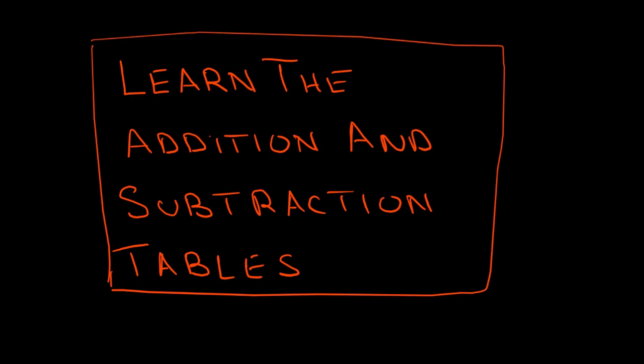Now, having taught the child the meanings of addition and subtraction, and we have done a lot of various shades of meanings, we don't want the child to be counting on. That's really a step to getting to the point that if you see 8 plus 7, you don't count on, you just write down the answer is 15.